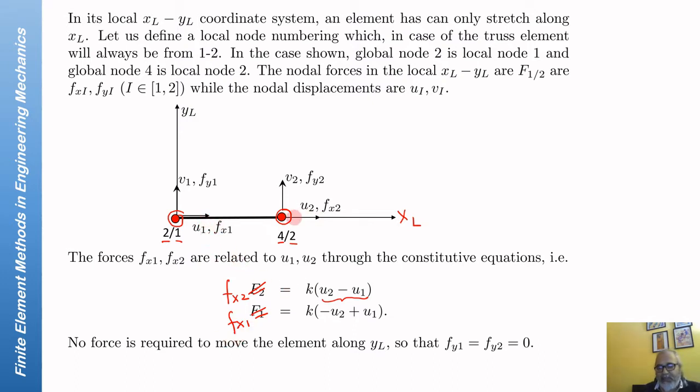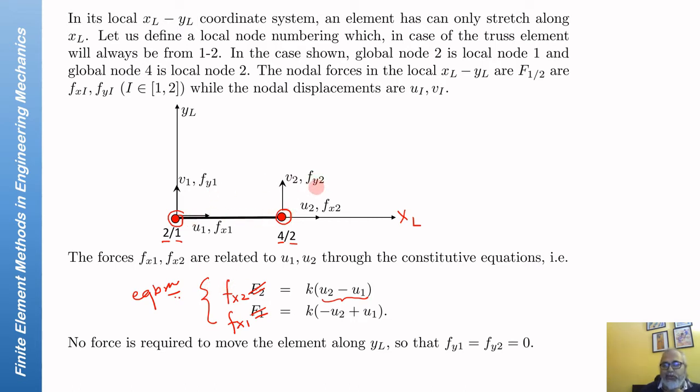So Fx1 plus Fx2 has to be equal to 0. Here we are using equilibrium in a very rudimentary form, where we find that Fx2 and Fx1 have to be opposite of each other. So Fx1 is K times (minus u2 plus u1). Okay, so these are Fx2 and Fx1.